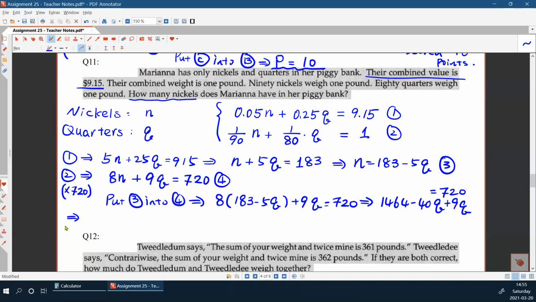Then this further simplifies to 744 equals 31q. So q is 744 over 31. This is divisible, it should be an integer. So q is 24.